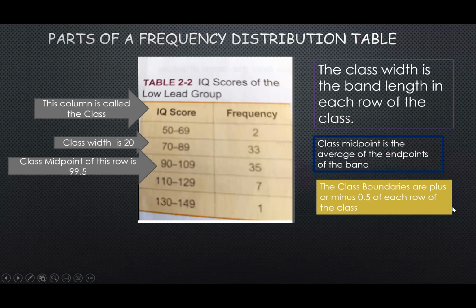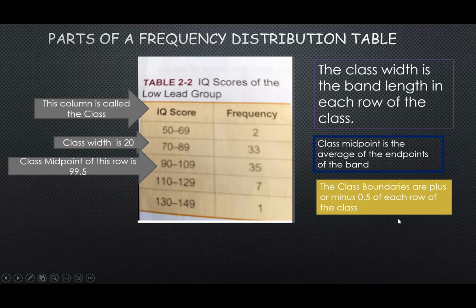The class boundaries are basically plus or minus 0.5 of the row. So in this case, the boundary goes from 49.5 to 69.5. Another way to think about the boundaries are what's halfway between 69 and 70, 69.5. What's halfway between 89 and 90? 89.5.